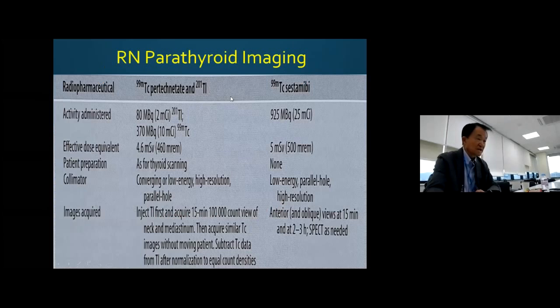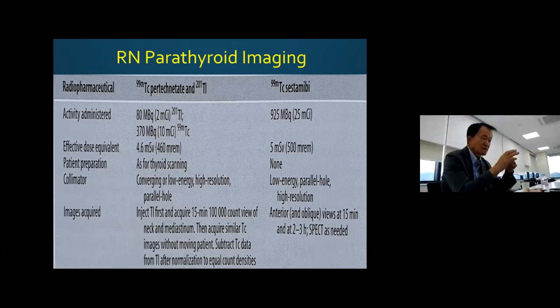So in old days, we used sestamibi. This is the old days. Sestamibi uptake in tumor is also variable, but the principle is related to cellular membrane potential. If any cells are growing excessively, there is a membrane potential difference outside, inside the cells.